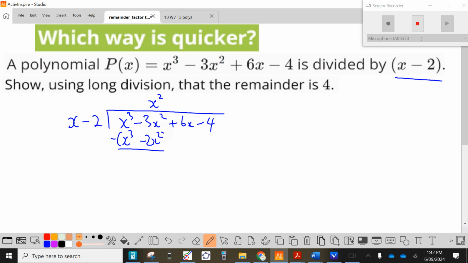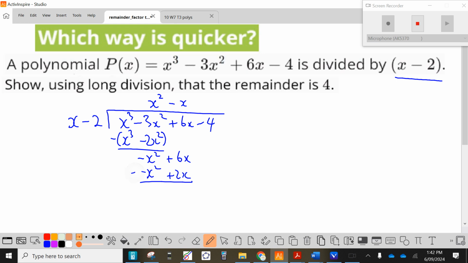Subtract that there, I end up with a negative x squared, bring down the plus 6x. Now I multiply x by negative x to make negative x squared, and I've got a plus 2x.